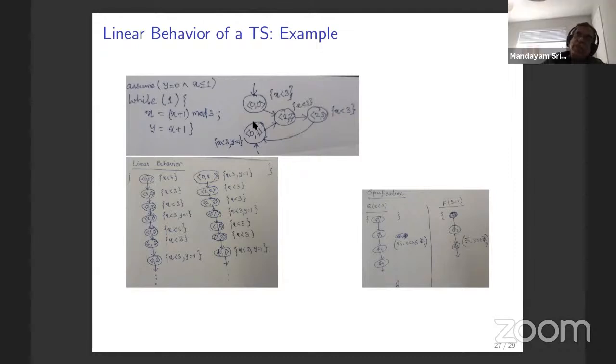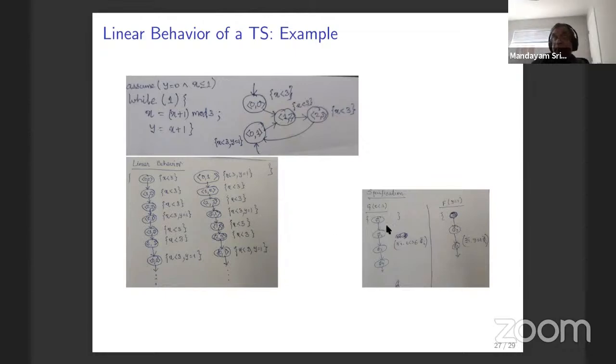Executions are actually a real sequence of states, whereas here, for the linear behavior, a trace just keeps track of the truth value of those predicates. What we really define as a specification is constraints on these behaviors.